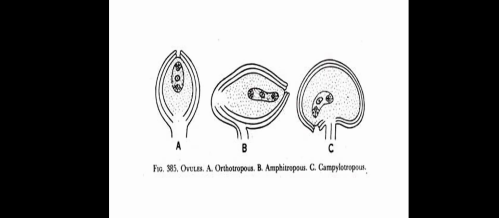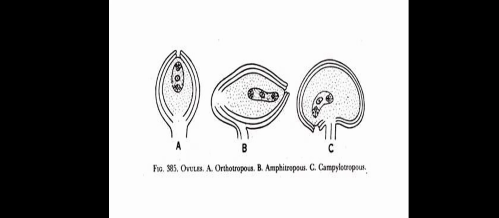These are the different types of ovules. The first one, A, is orthotropous, where the axis of funicle, chalaza, embryo sac and micropyle is in one line. Figure B is amphitropous, where the axis of chalaza, embryo sac and micropyle is perpendicular to the funicle.